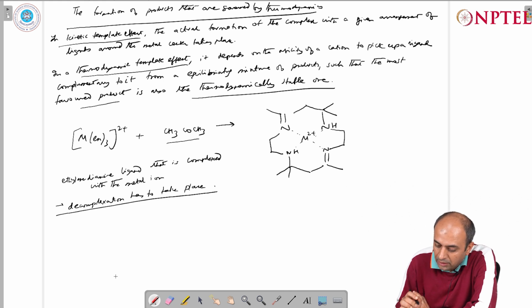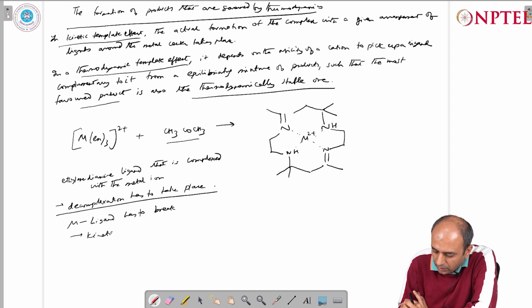In other words, the metal-ligand bond has to break, and this is only possible if these are kinetically labile bonds.